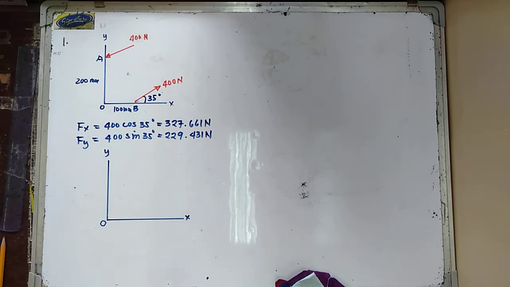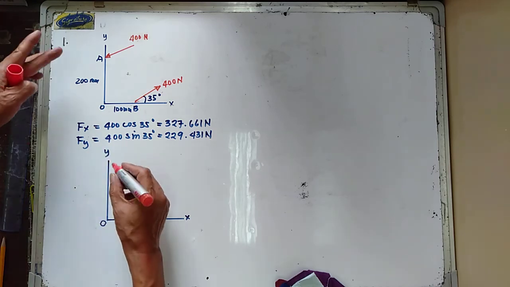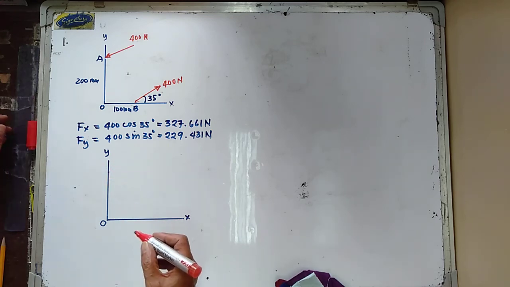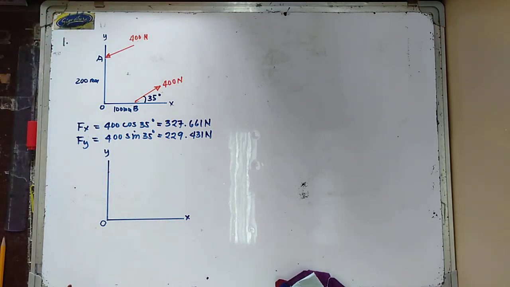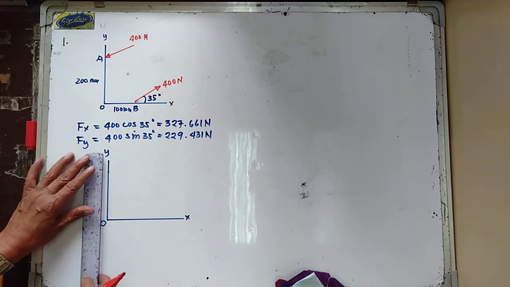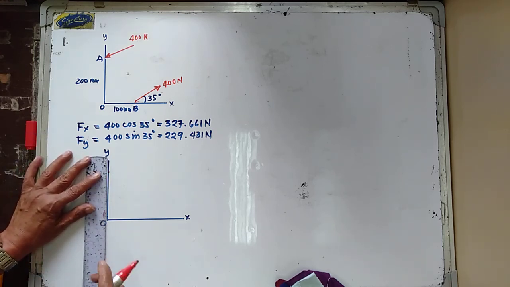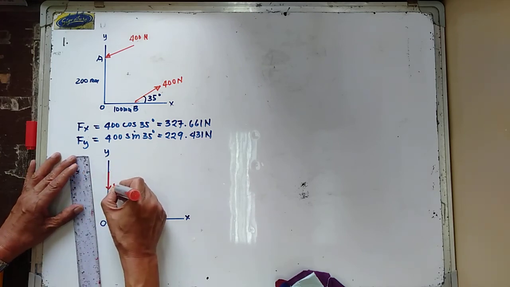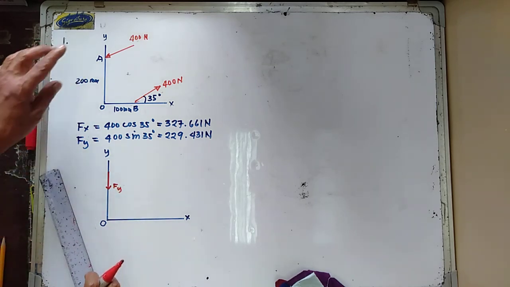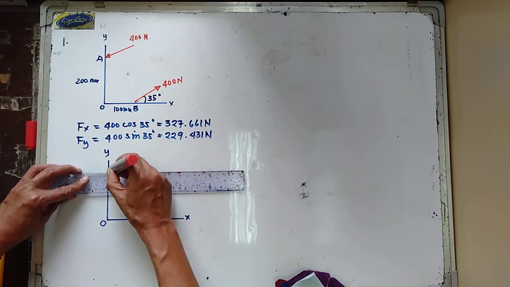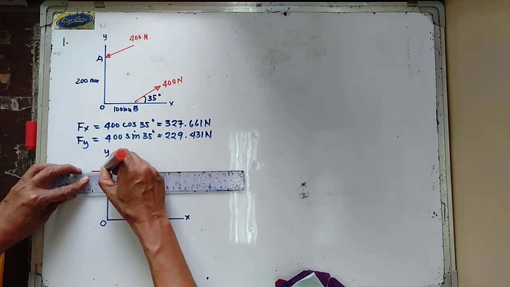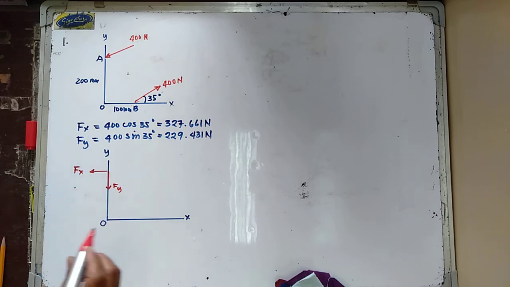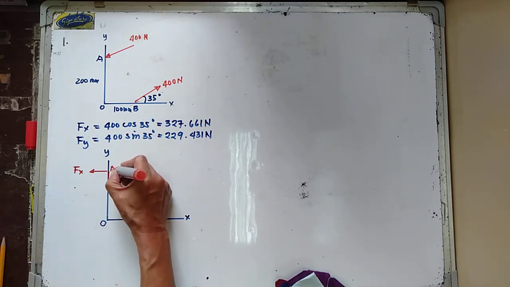The force acting at point A, point A is down to the left. Hence, this is your Fy, and that is to the left, and this is now your Fx. And that is now your point A.